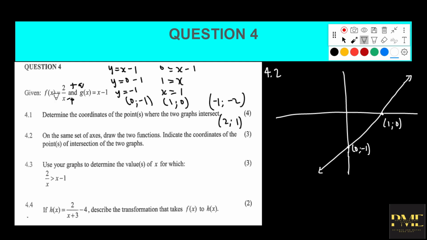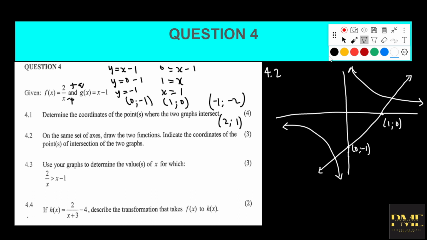But since this one is just normal and not shifted, in that case all you need to do is look at your value of a to see where you will place your sketch. So since your value of a here is positive, it means your sketch will go in the first quadrant, and also in the third quadrant. Okay, all right, cool. But if our a were negative, it would go in the second quadrant and also in the fourth quadrant.